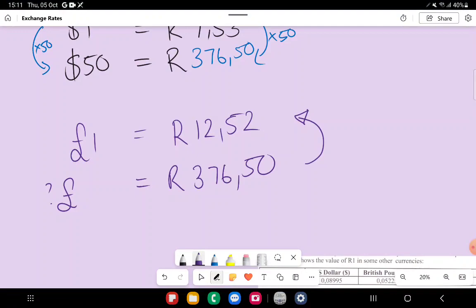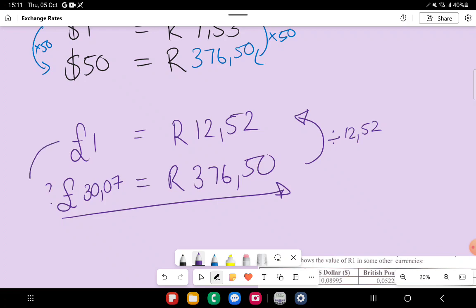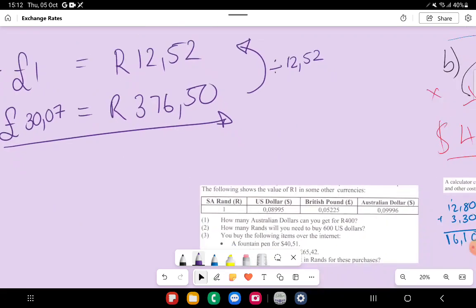So that means it's 30.07 pounds. What did I do here? I said divided by 12.52. And then this one, I will then eventually multiply by 12.52. So that's how we get the exchange rates. Let's do one more example.